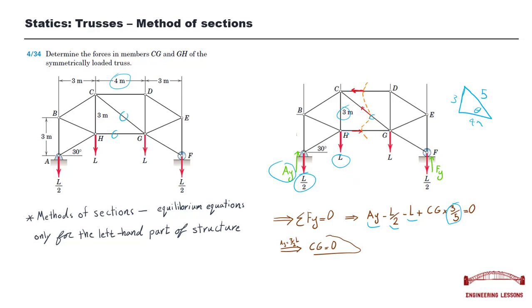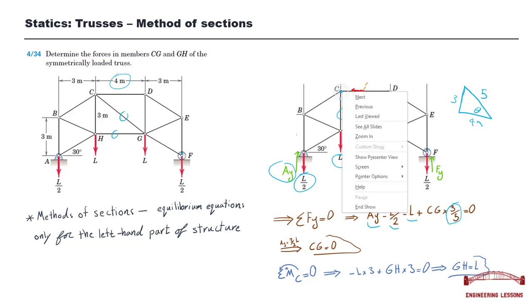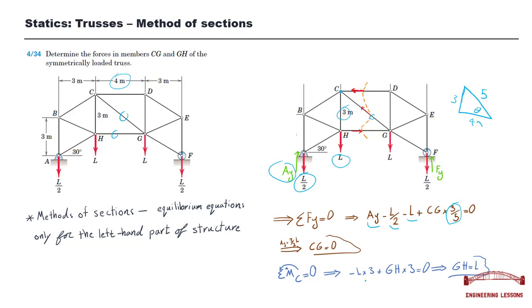The second member whose force we are interested in is this member. By writing the moment equation about point C, we can calculate the amount of GH, since our two other forces intersect at point C, this point. So the only unknown in this equation is GH. Let's write it down.